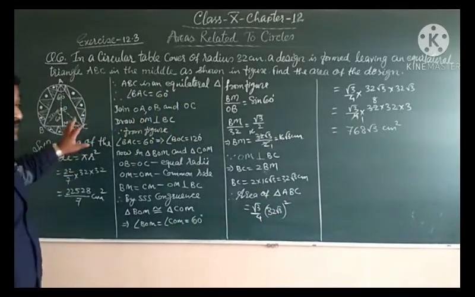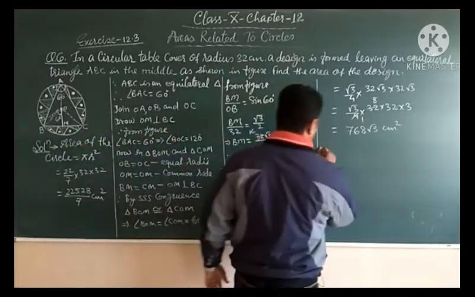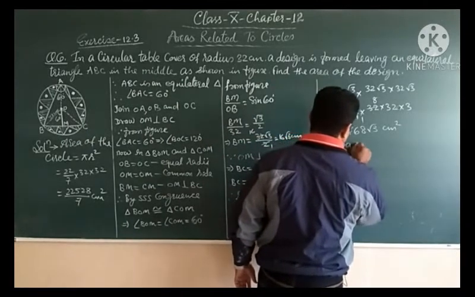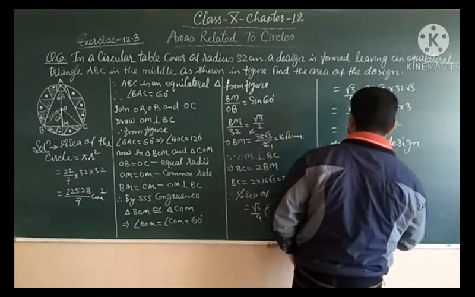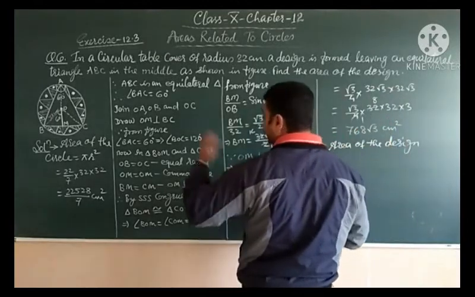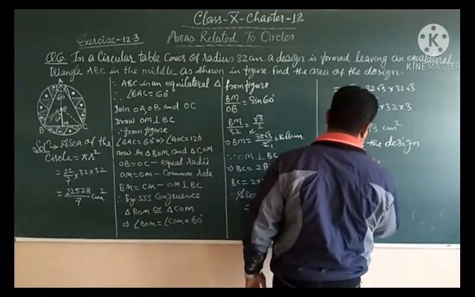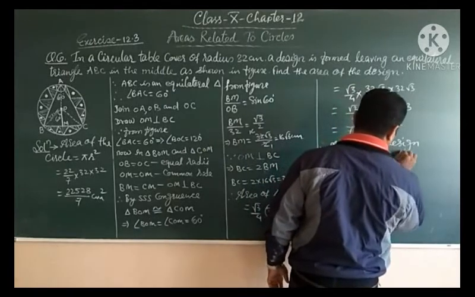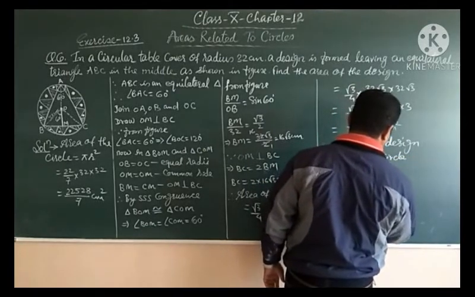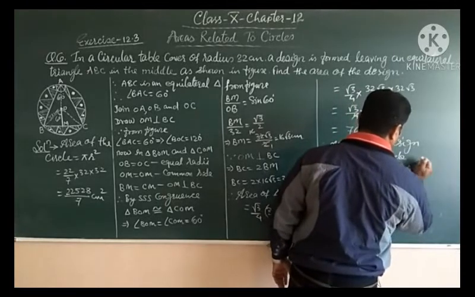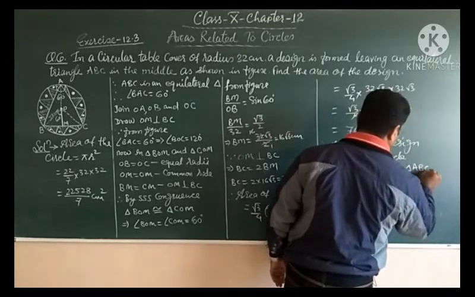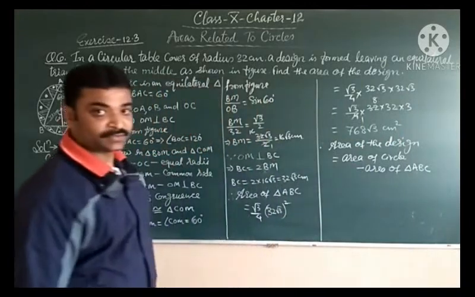Now, the area of the design. Therefore, the area of the design is equal to the area of the circle minus the area of triangle ABC. Clear?